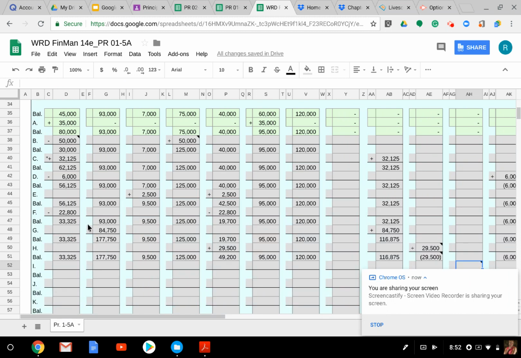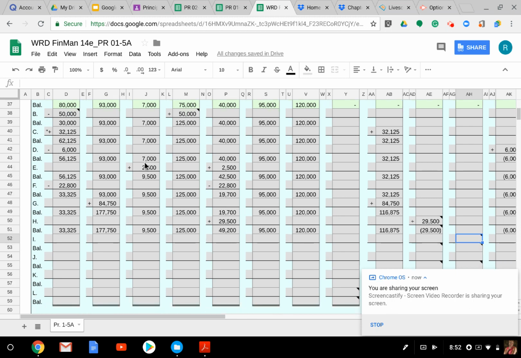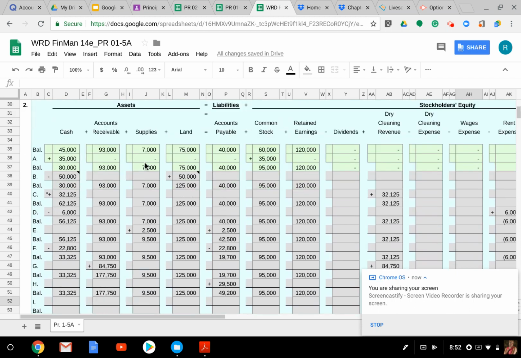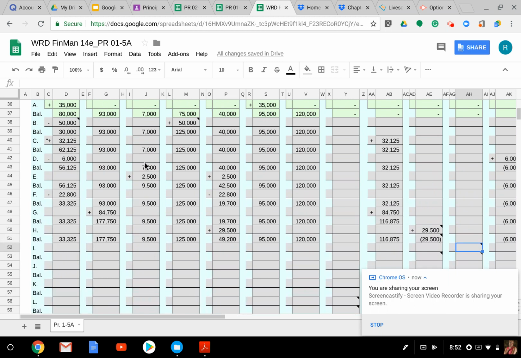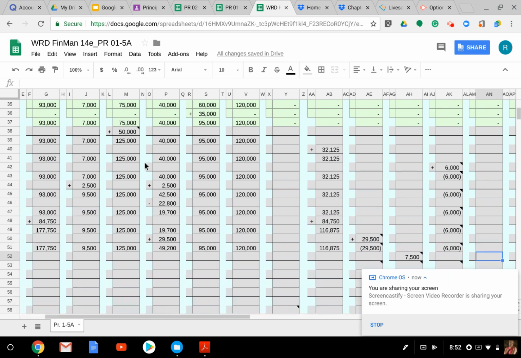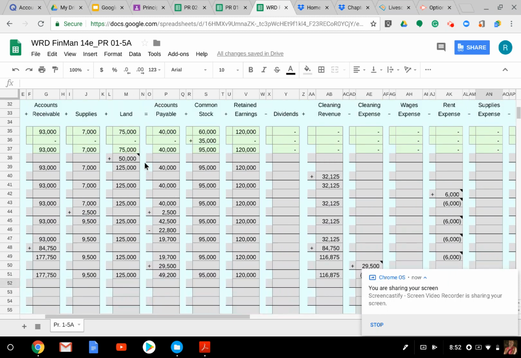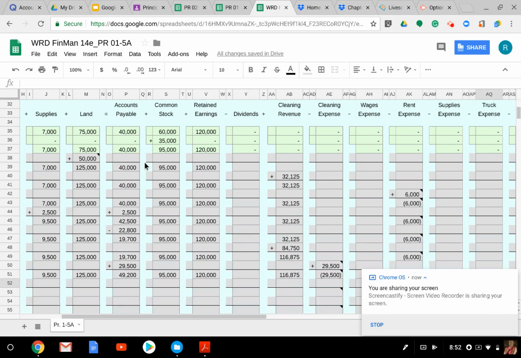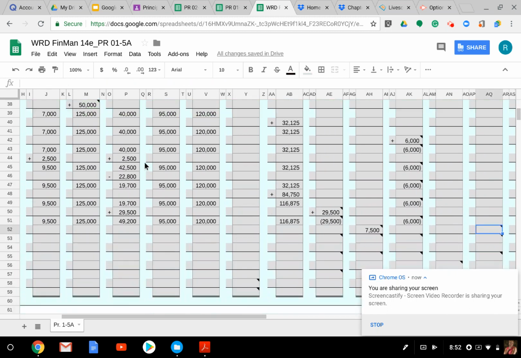So let's scroll up so we can see who. Okay, so we're in the column of wage expense. So we spent $7,500 for wage expense. We did rent already. I believe this should be supplies. So we need to go over one more to truck. So here for truck, we have $2,500.